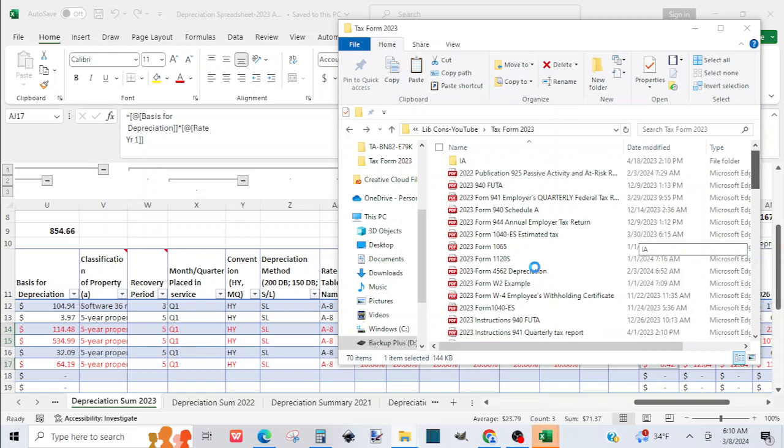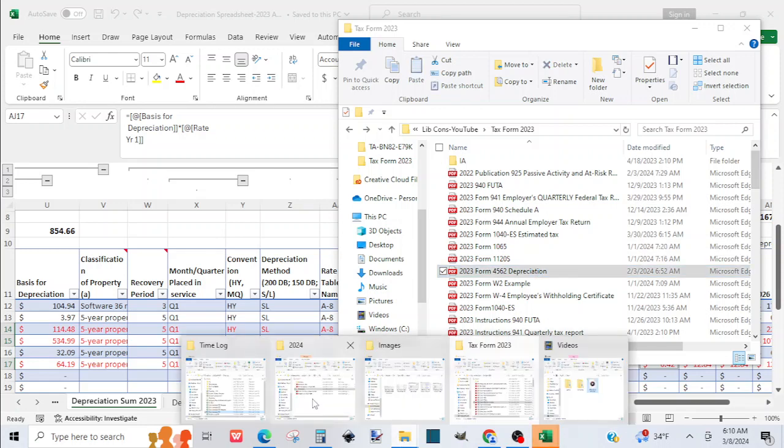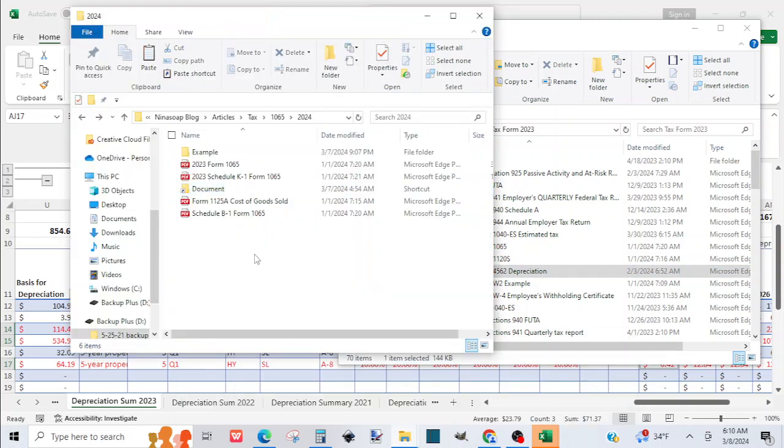So we are going to copy it, put it in our folder, and let's open it.